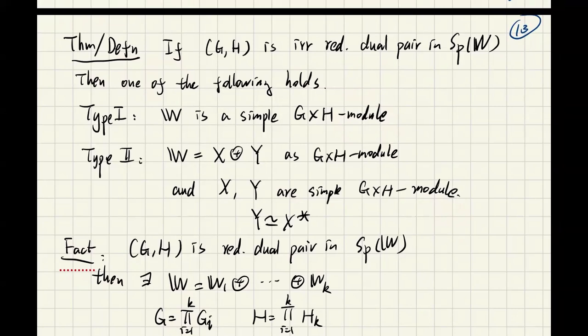It means that W as a G cross H module is decomposed into two components.